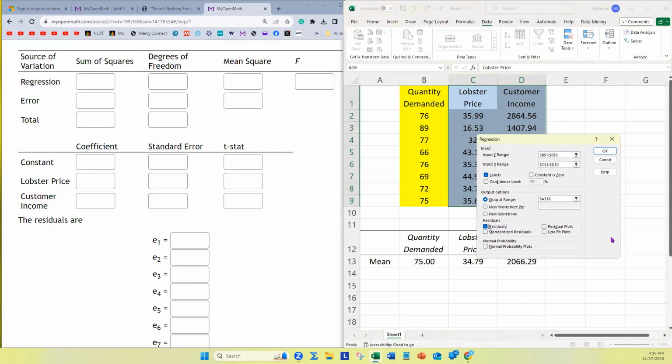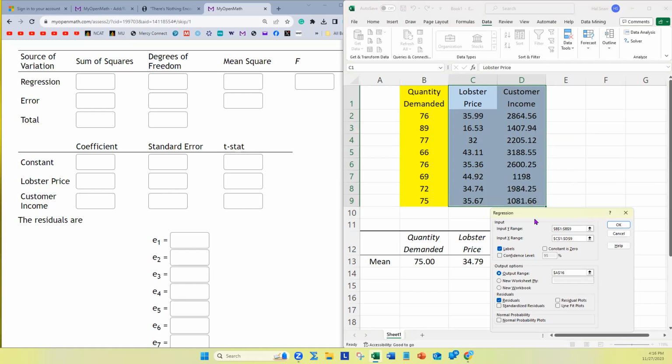So let me know if you have that all set up. I have my Y in column B and I have my X variables in columns C and D. You can see this goes from B1 to B9, and then this says C1 to D9, right?